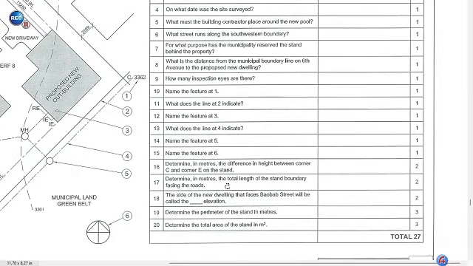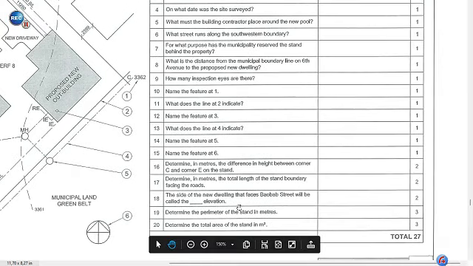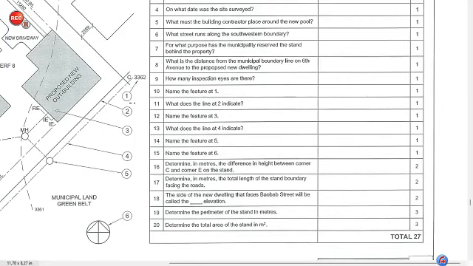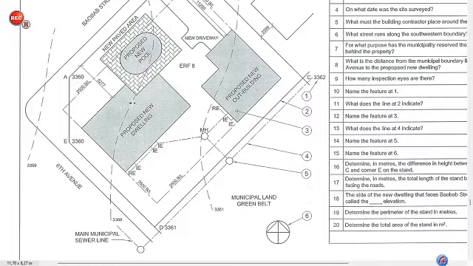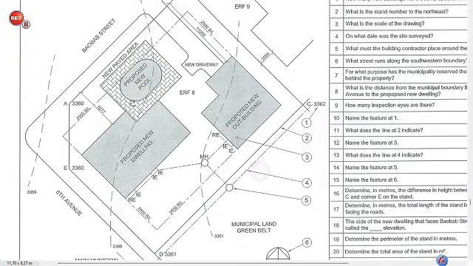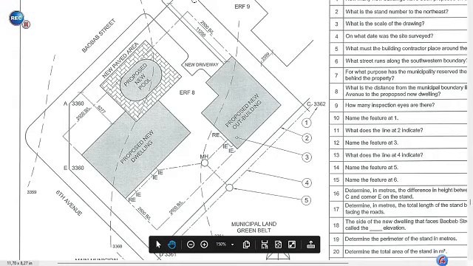Number 17, determine in meters the total length of the stand boundary facing the road. So what you need to determine would be all the boundary lengths that actually face roads. So it's not going to be this side at the back here. It's not going to be that side over there.